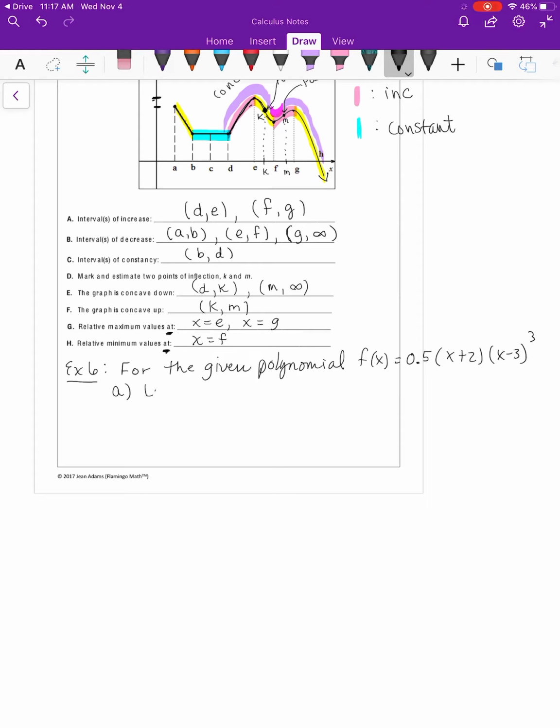Part A, list each real zero and its multiplicity.